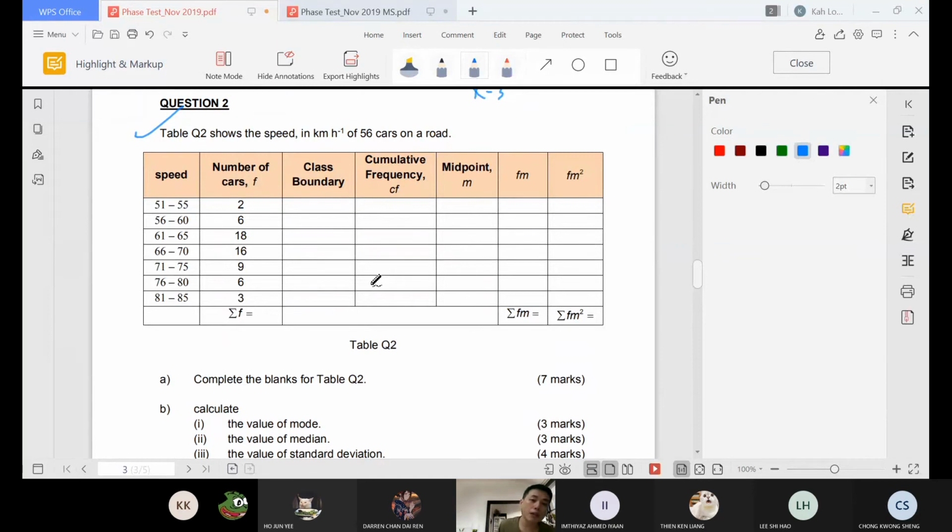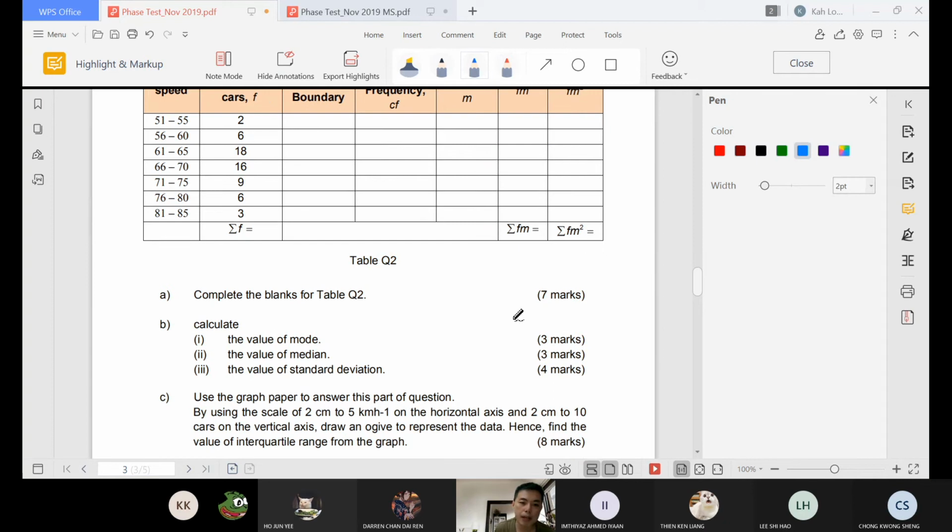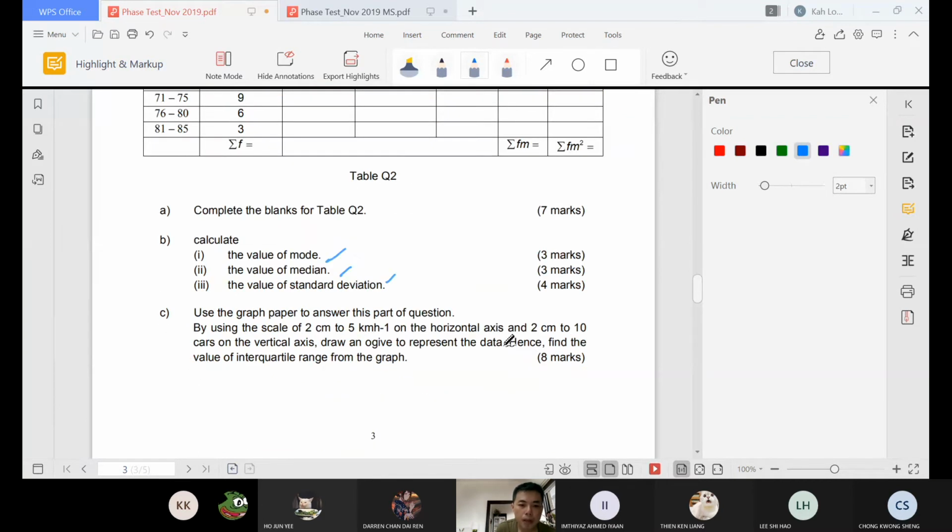This type of question, not this exact question. They will ask you to fill up the class boundary and then calculate all these values. Then for this question, you want to draw the graph.